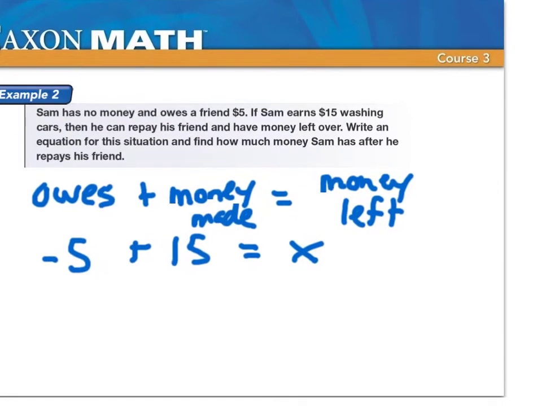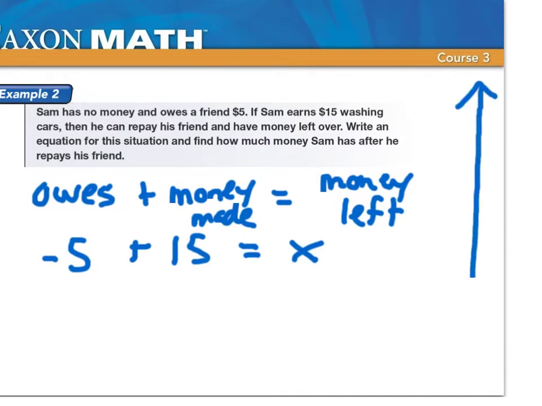Well, once again, we can represent this with a nice number line here. And if I put 0 way down here, I know that he starts at -5. Okay, so we got -1, this should say -2 right here, -3, then -4, then -5.